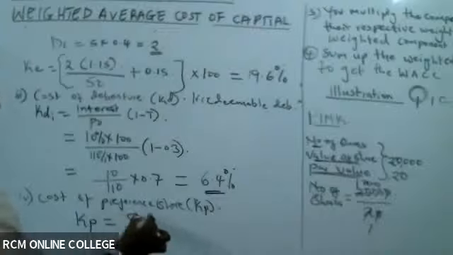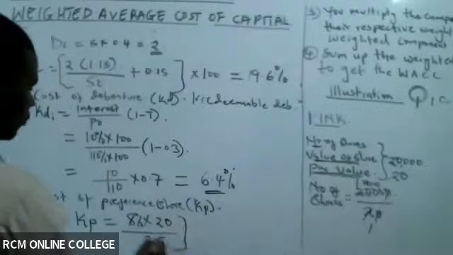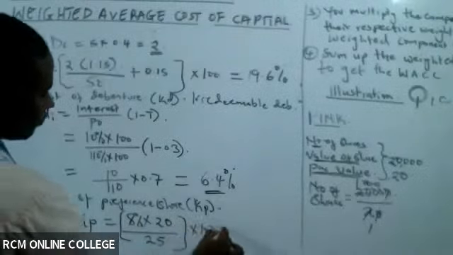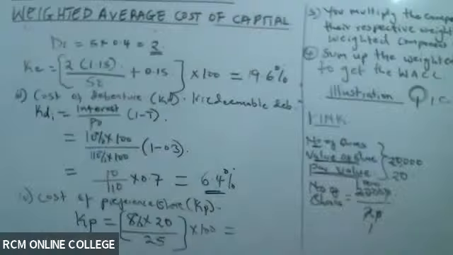What is the market price of preference share? Just check the additional information: 25. Of course, what you get you now multiply by 100. So what is our KP? Somebody give us our KP now.